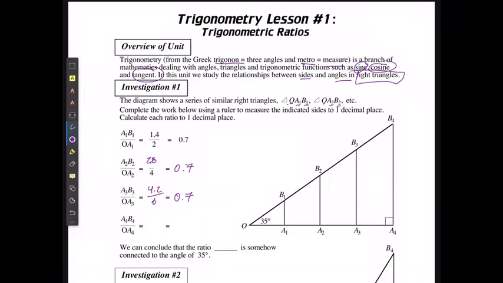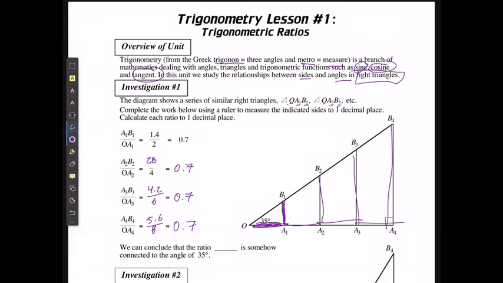And for the last one, it's going to be 5.6 centimeters divided by 8 centimeters, which is going to give you 0.7. Amusingly enough, this is just going to be the opposite divided by what we're going to call the adjacent side length. And in all these cases, like with the graphing unit that we just did, it's realistically solving for the ratio of the vertical change to the horizontal change.